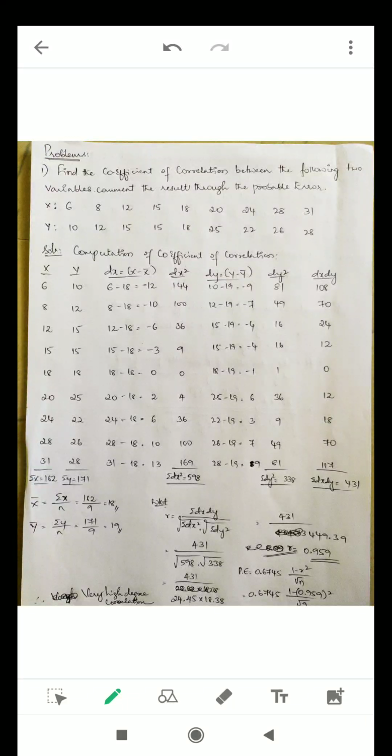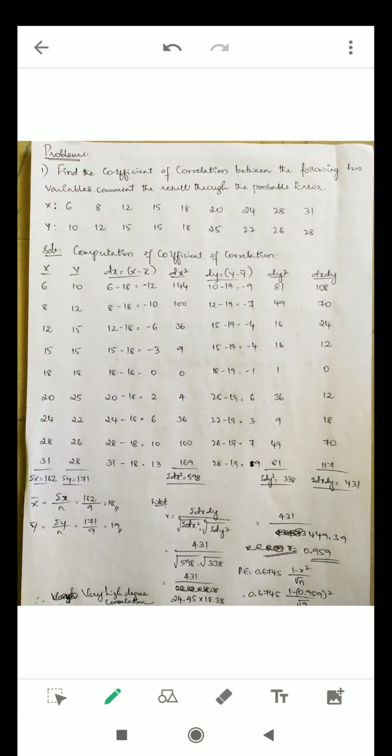Now as per the formula we have to find the dx and dy values. For finding dx and dy, we need the x bar value and y bar value. How to calculate x bar and y bar: here is the formula. x bar is equal to summation x divided by n. This we calculated in the mean of an individual series, in the same manner we have to calculate here.